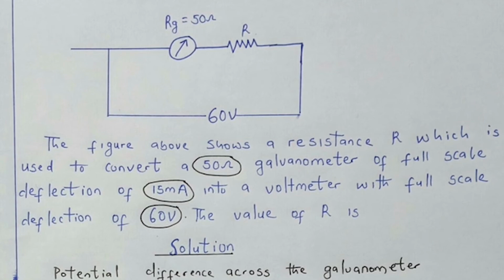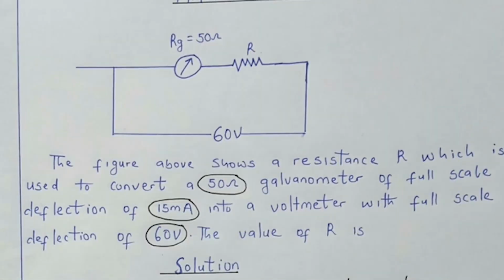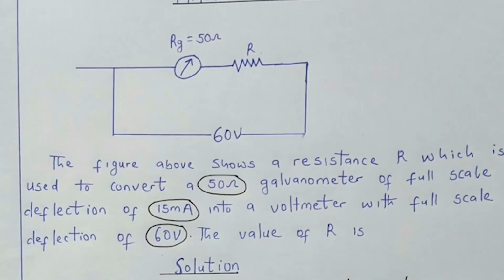That is the total potential difference that the voltmeter can measure, the full scale deflection of the voltmeter. Since that is the maximum potential difference, it will be equal to the addition of the potential difference across the galvanometer and the resistance.